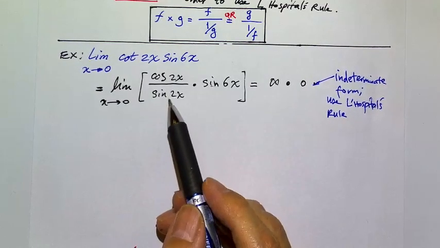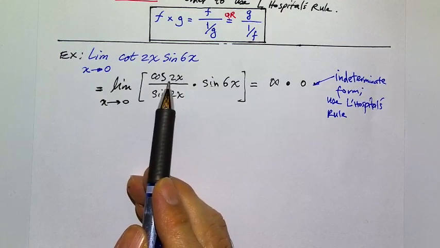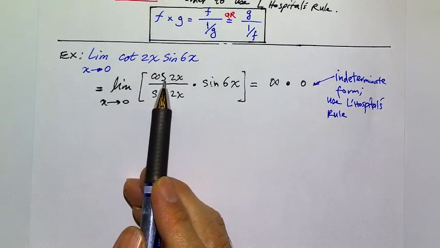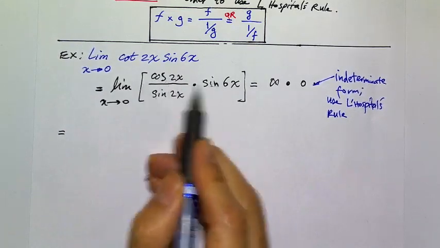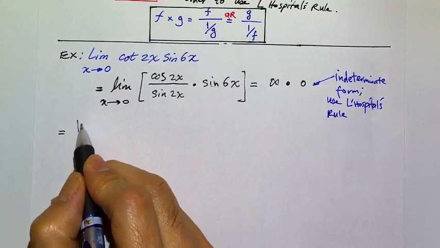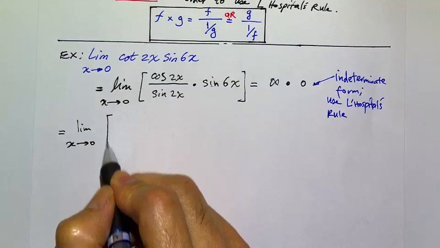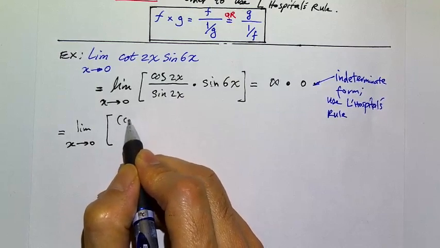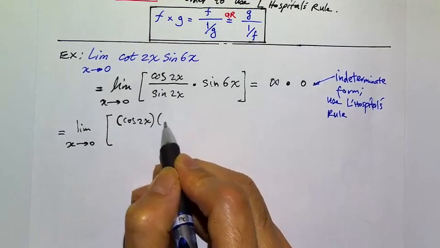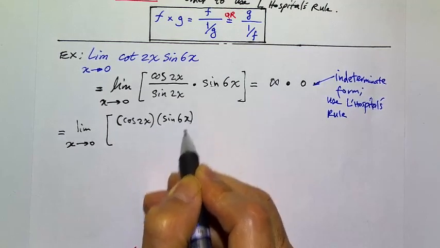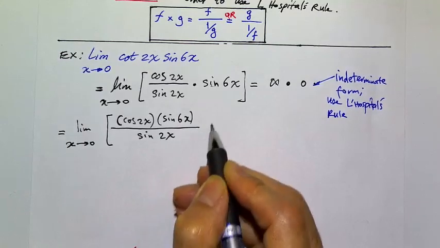All right, so we're going to take the derivative of this, the numerator, keeping in mind, well, let me rewrite this. So I'm going to multiply this by the numerator first. I think it would be clearer if I do it that way. And so we have cosine of 2x times sine of 6x divided by sine of 2x, right?